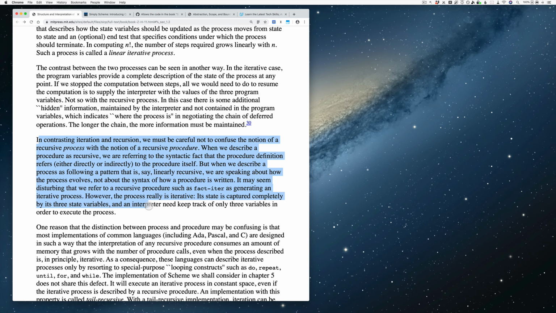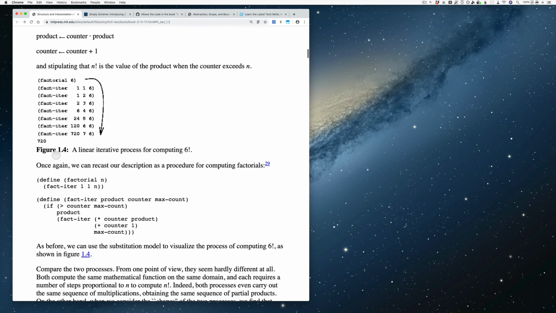So in contrasting iteration and recursion, we must be careful not to confuse the notion of a recursive process with the notion of a recursive procedure. Yeah, I was confused about this, and I'm glad, because I'm like, wait.